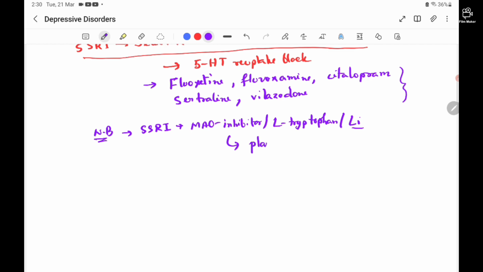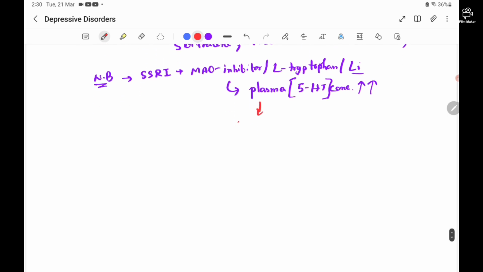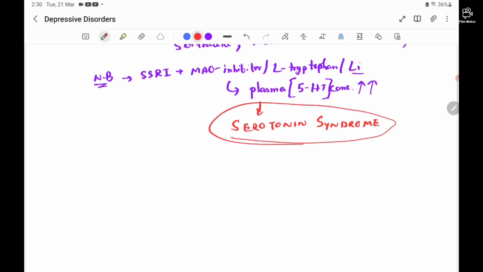Plasma serotonin concentration is raised, and this is called serotonin syndrome. This is very frequently talked about, serotonin syndrome.